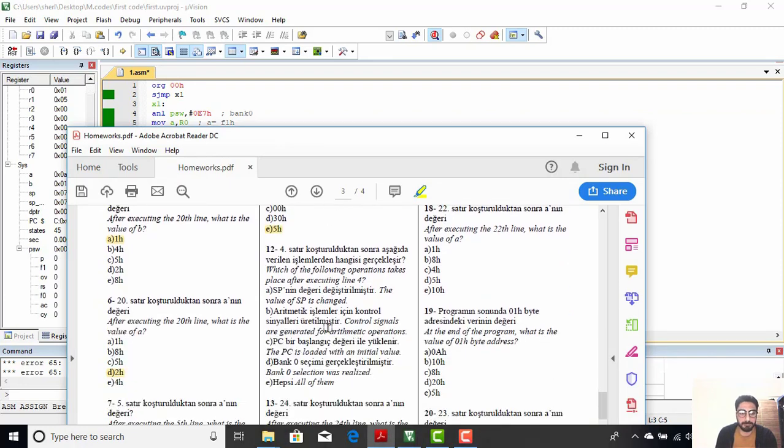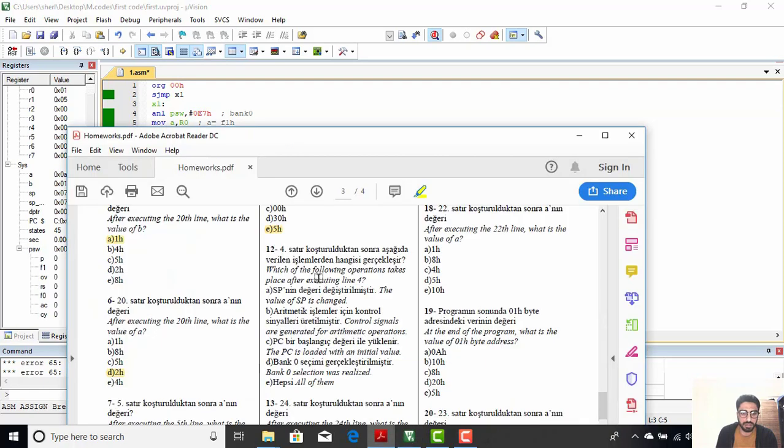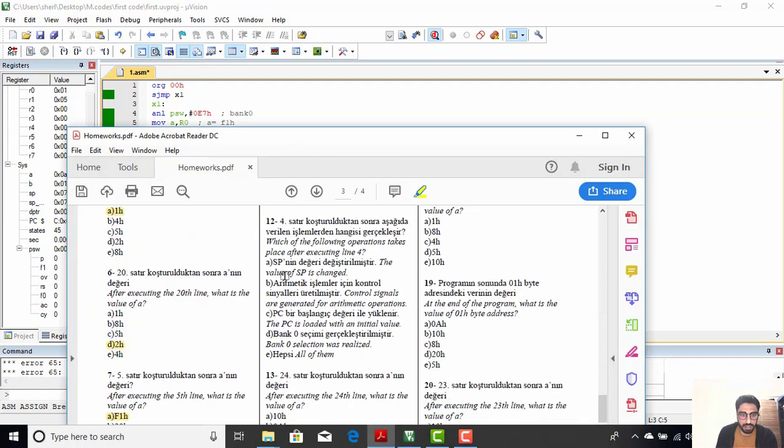And now, which of the following operations take place after executing 4 lines? Let's see first the 4 lines. At line 4, bank 0 is chosen. After doing the logic, the data is 0E7X, and what do we have in the choices?